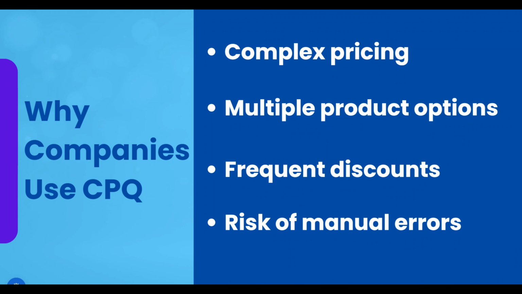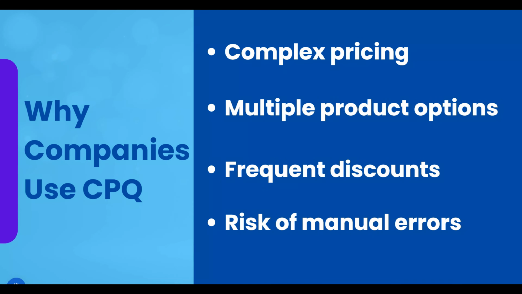So this is the entire flow of how a typical CPQ sales process works from start to finish. Now the next question is, why do companies actually need CPQ? The first reason is complex pricing. In many businesses, pricing is not fixed because it can depend on quantity, subscription duration, customer type or custom business rules. The second reason is multiple product options.